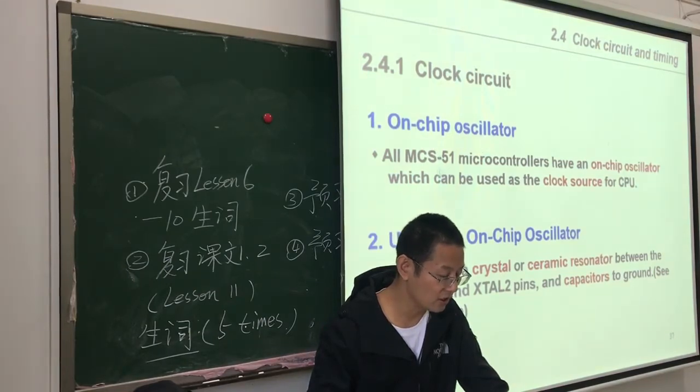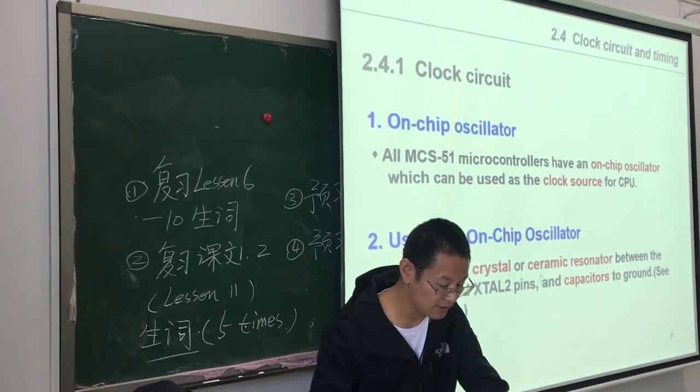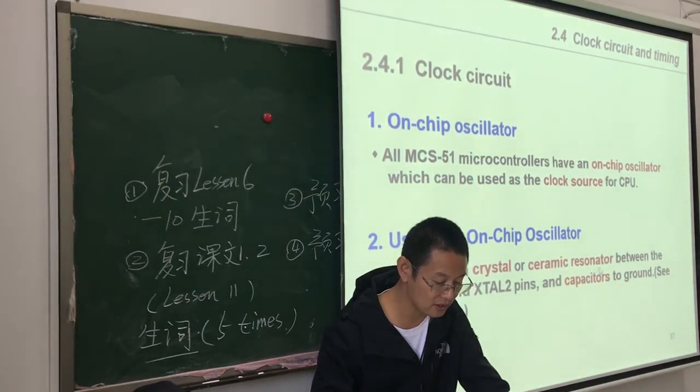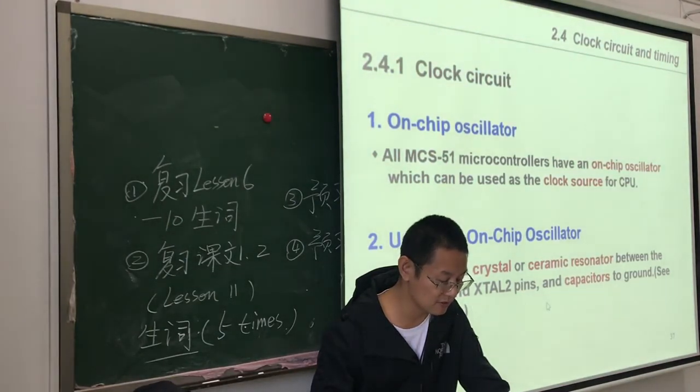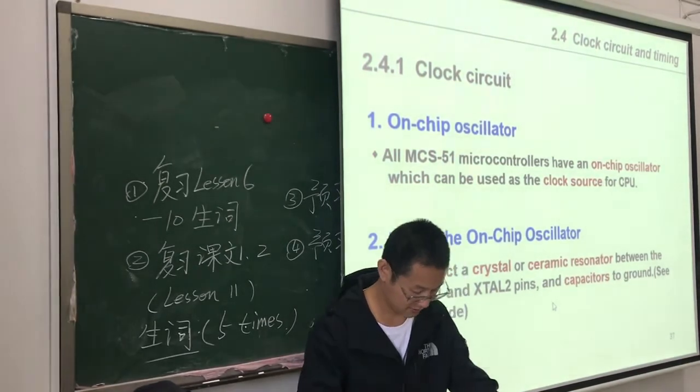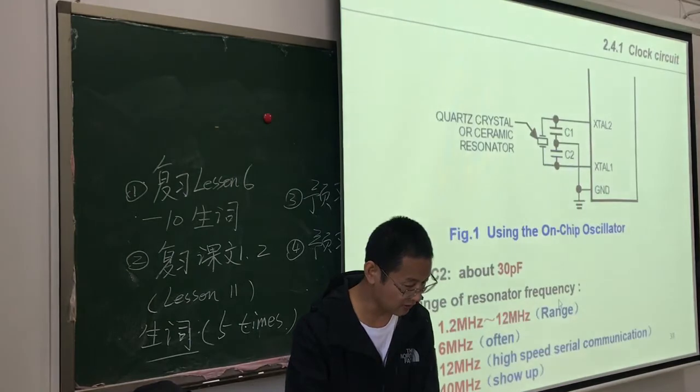The 51 microcontroller has an on-chip oscillator which can be used as the clock source for the CPU. Connect a crystal or ceramic resonator between the XTAL1 and XTAL2 pins, and capacitors to ground. We can see the next page.